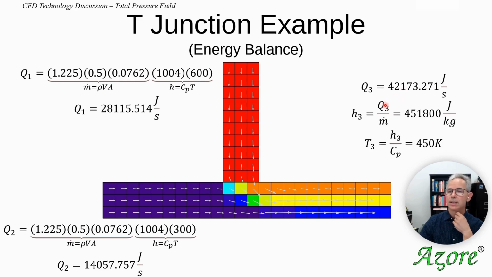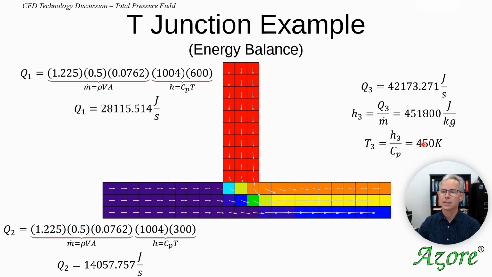We take the amount of energy leaving, based on conservation of energy, and divide it by the mass flow rate. We know the mass flow rate here because we know the mass coming in here and here. So we can find the enthalpy of the fluid leaving, and then using our enthalpy relationship, we divide by the specific heat and get the average temperature that represents conservation of energy.